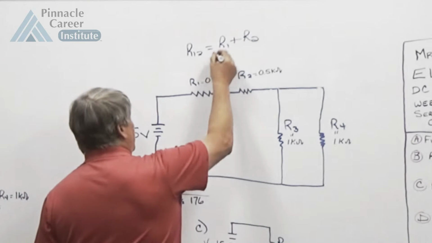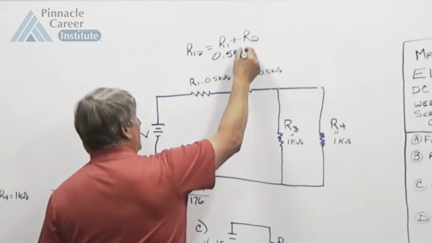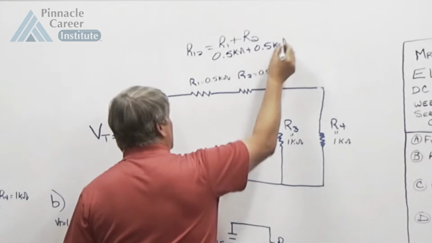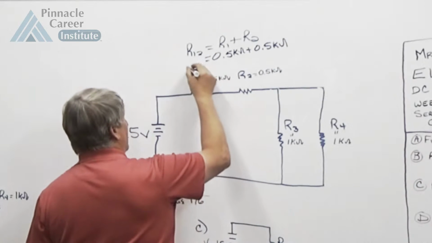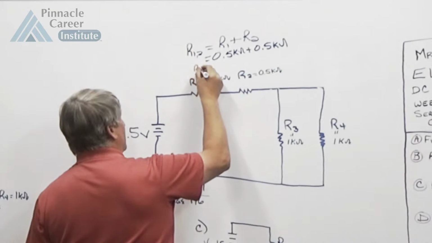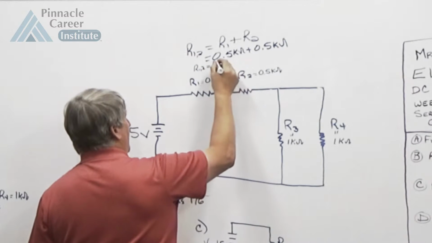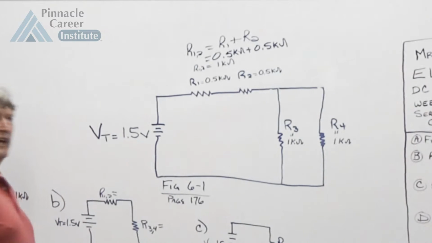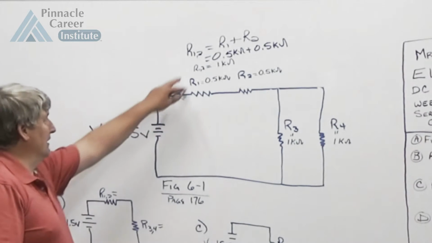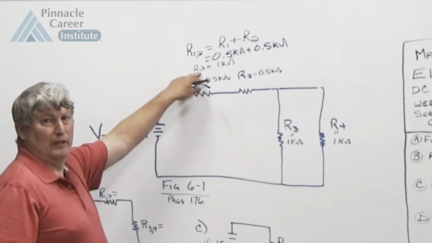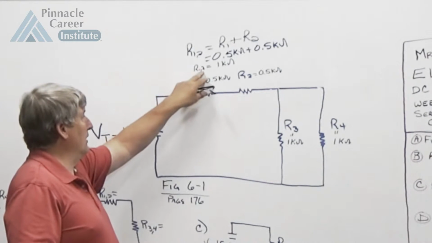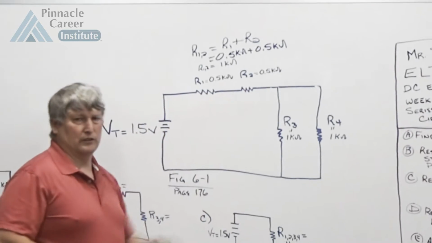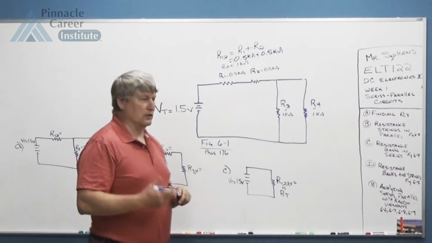I have 0.5K ohms for R1, plus 0.5K for R2, and if you add those together, R12 equals 1K ohms. 0.5 plus 0.5 equals 1K, or 1,000 ohms. Again, we use the 1, 2 subscript when we combine these, which basically specifies that we have combined these two resistors into an equivalent resistor.